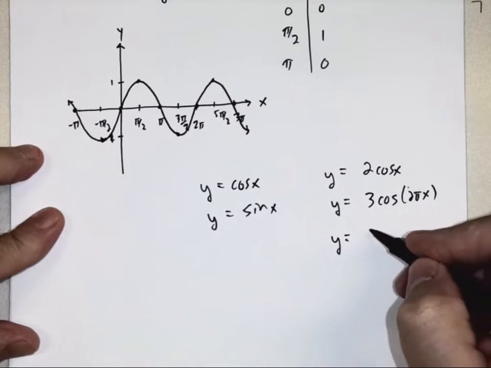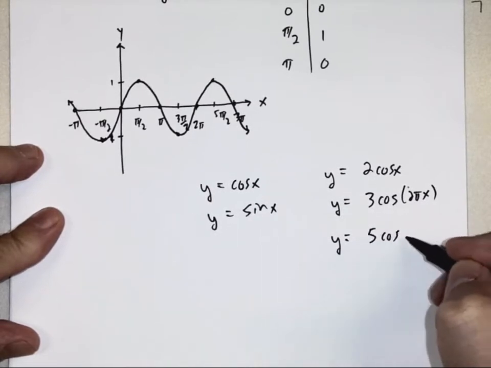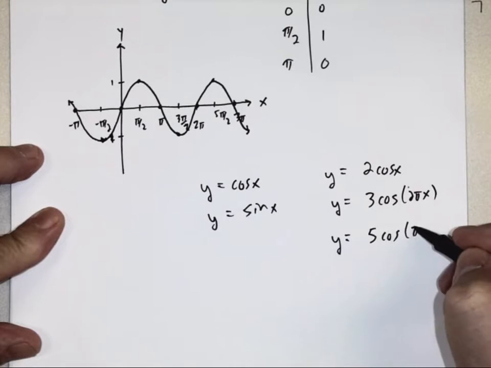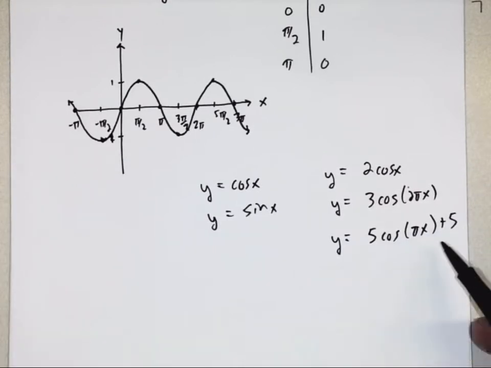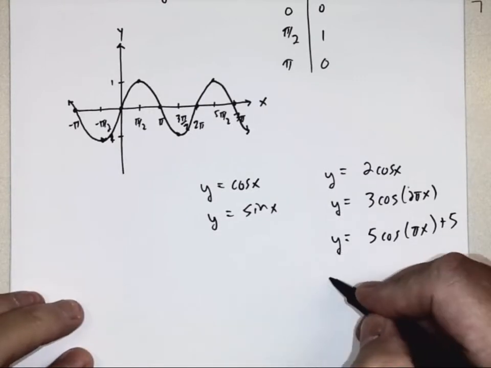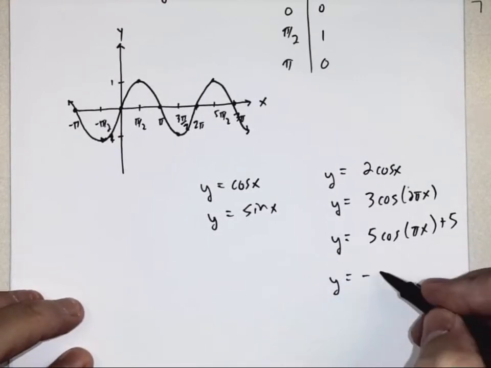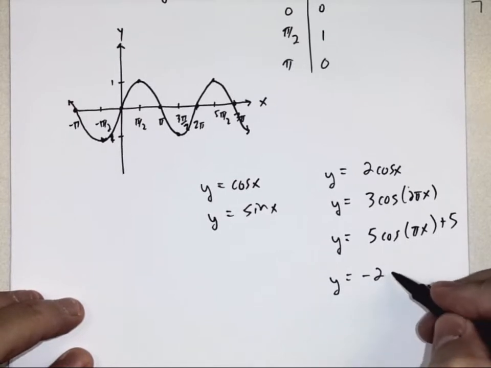And you can have even a number tacked on here to the end. Sometimes you have negatives.